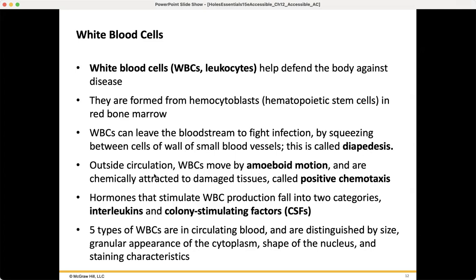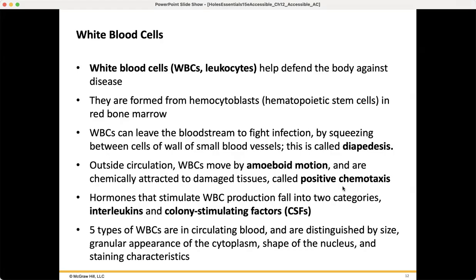There's other things that can happen. So once a white blood cell leaves circulation, leaves the blood vessels, it can do amoeboid motion, okay? Meaning it acts kind of like an amoeba, which is a small single-celled organism, right? That can move kind of in a swimming-like motion. They also do something called positive chemotaxis.